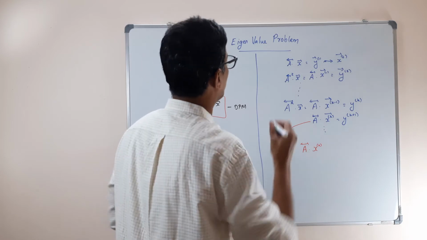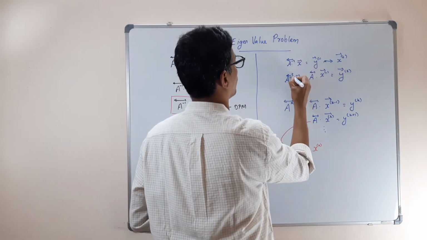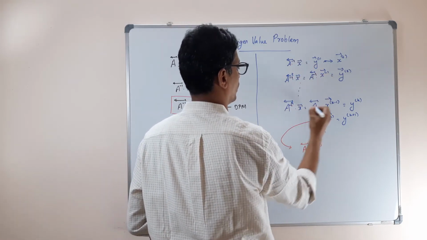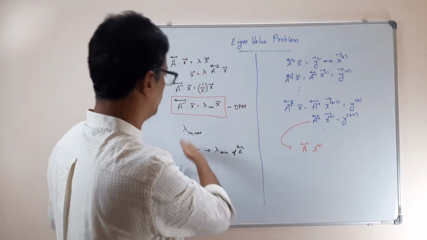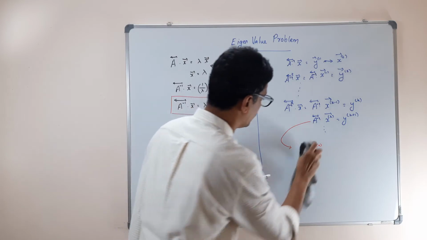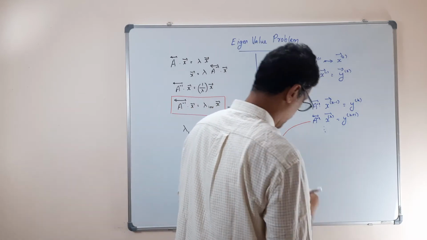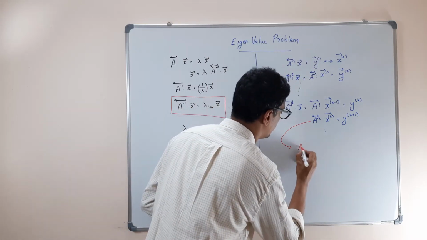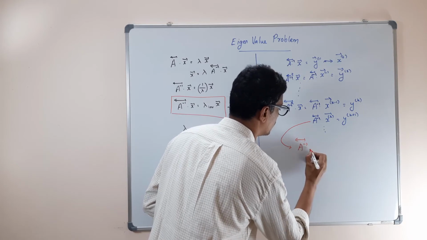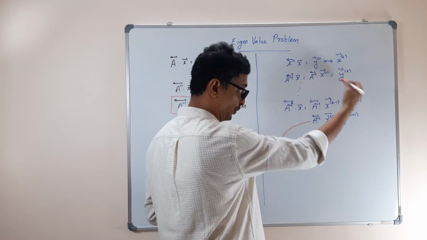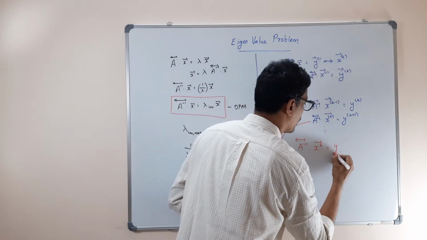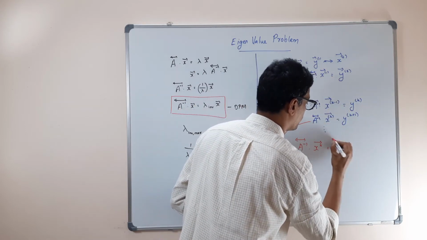We want to do it with the inverse of the matrix, because we are doing the inverse power. So this will be A inverse dot xk, which is the scaled previous vector, equal to y of k plus 1.